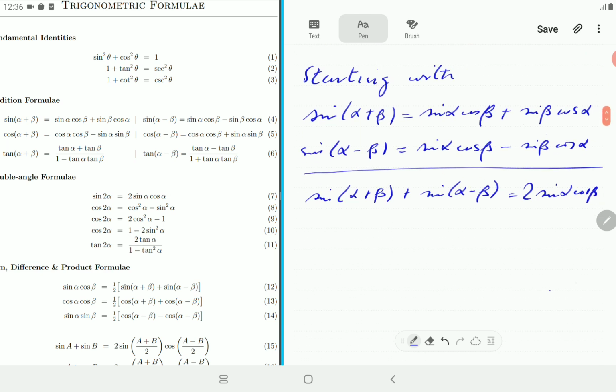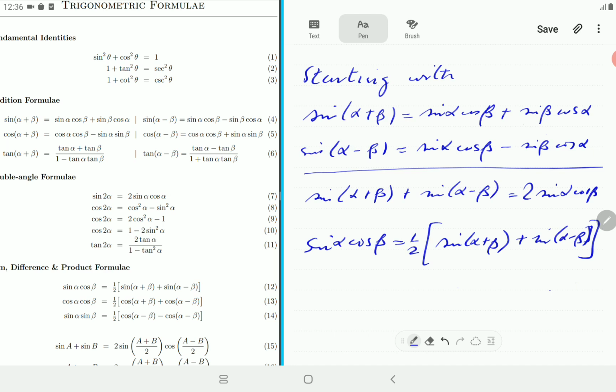Now if we rearrange that, then we can have sine alpha cos beta is 1/2 of sine(alpha plus beta) plus sine(alpha minus beta). So now this formula is going to enable us to convert a product of sine times cosine into a sum.